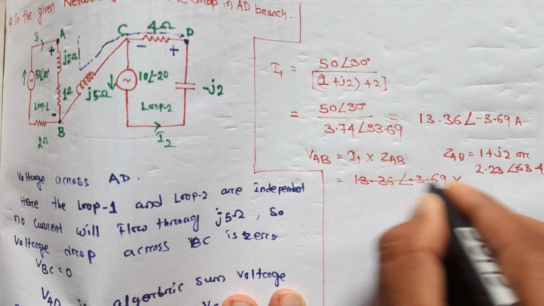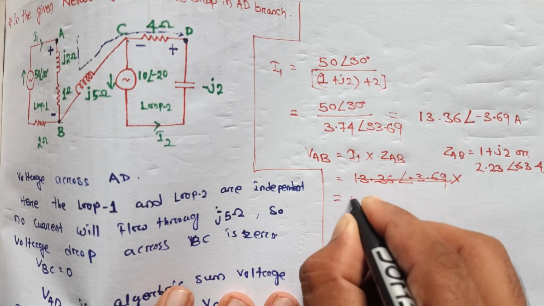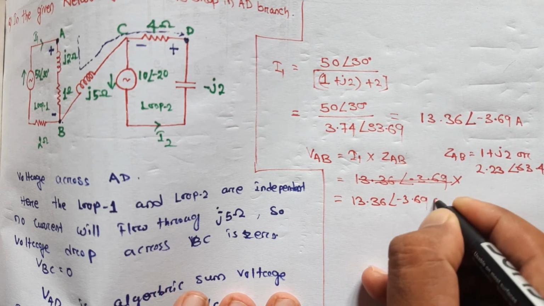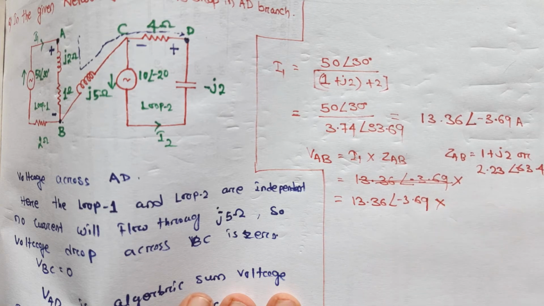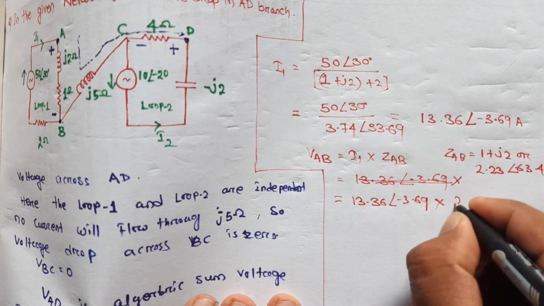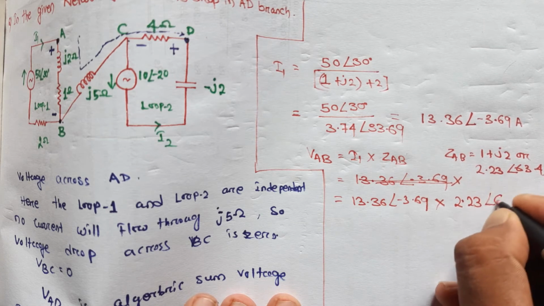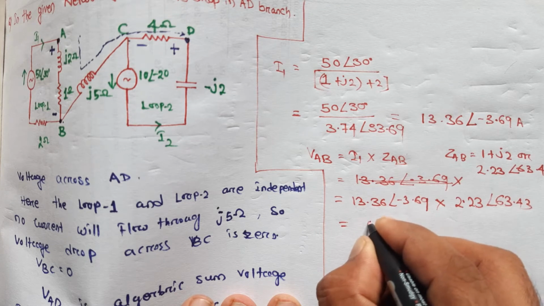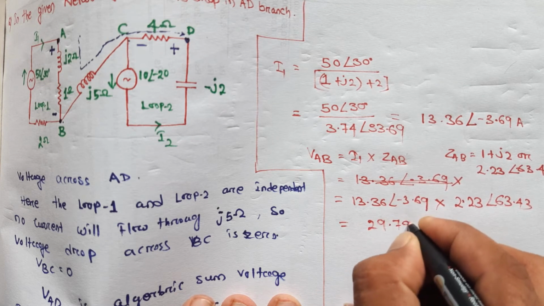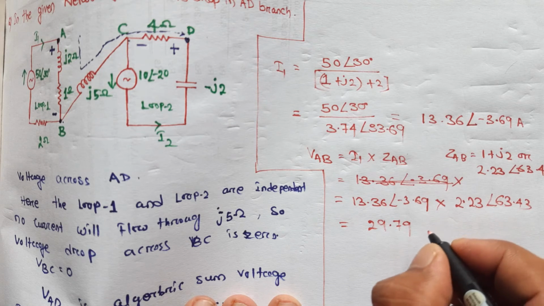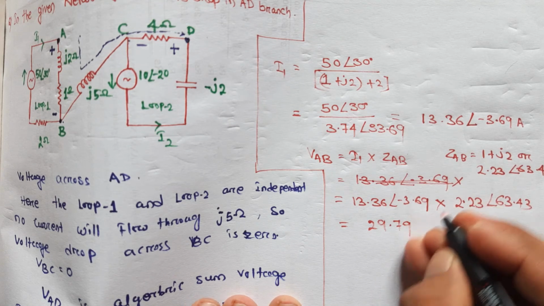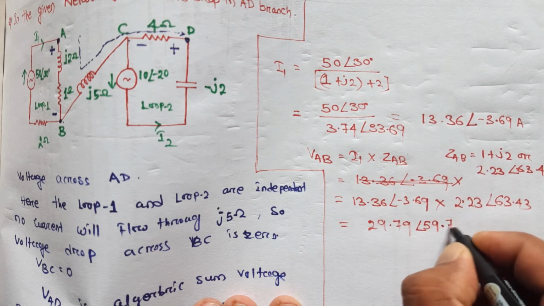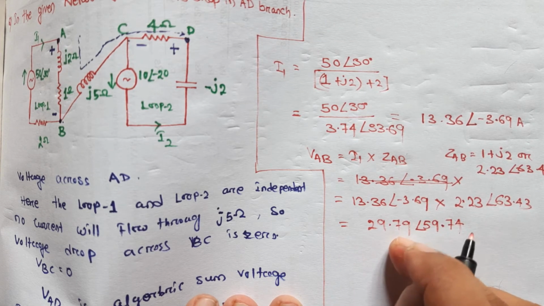For multiplication we convert to polar, so this will be 29.79 angle 59.74, which we previously calculated.